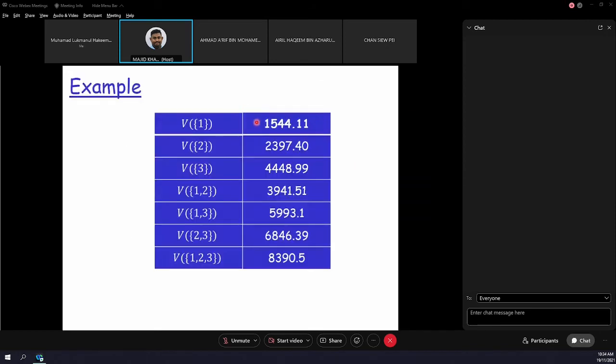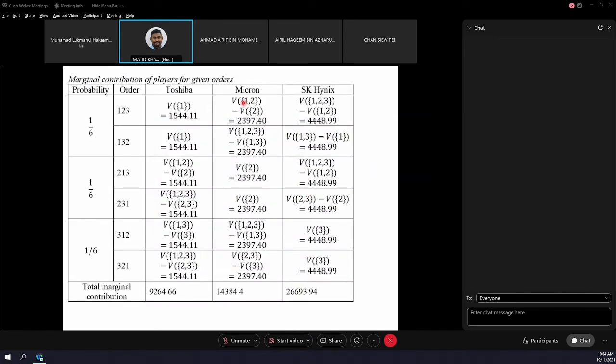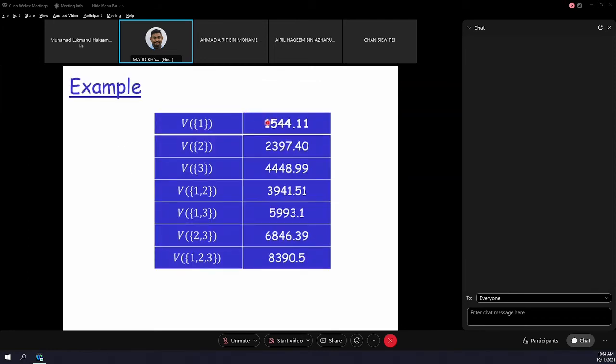That's why when you take this one, 1 2 is 3941.51 minus... wait, I think I did it wrong. Wait, let me calculate again.